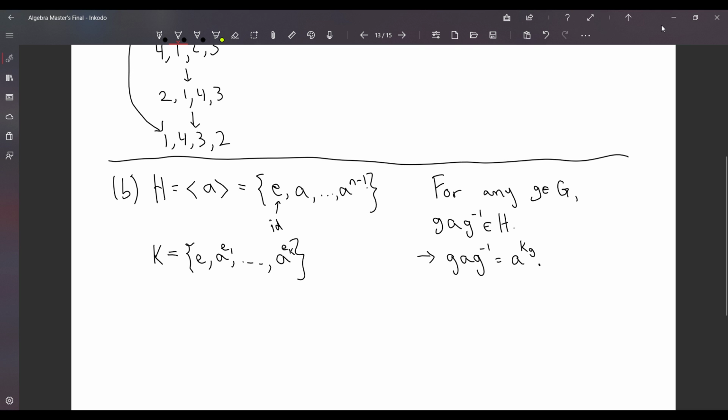So we can sort of define a map from G to this exponent. But then, if we take any element x in K, it will be x equals A to the J, right?